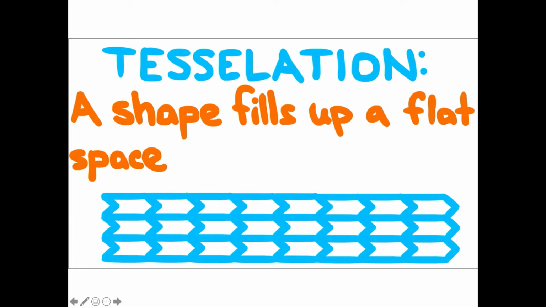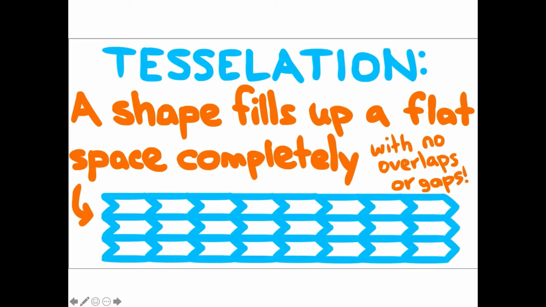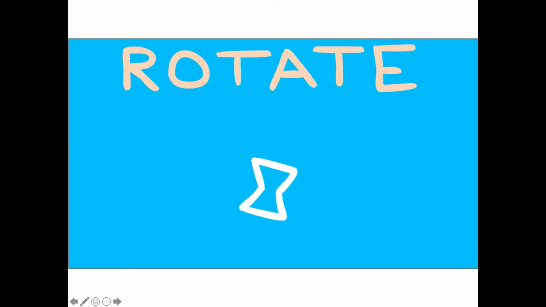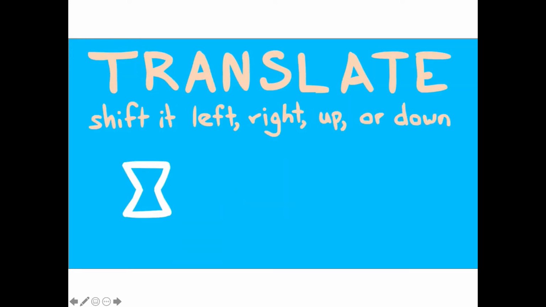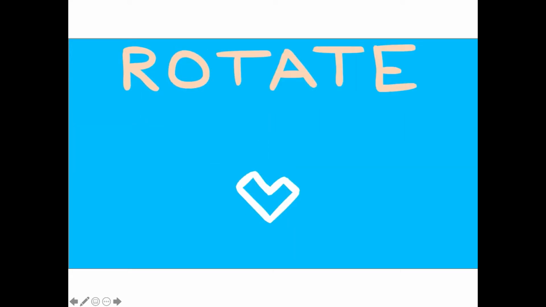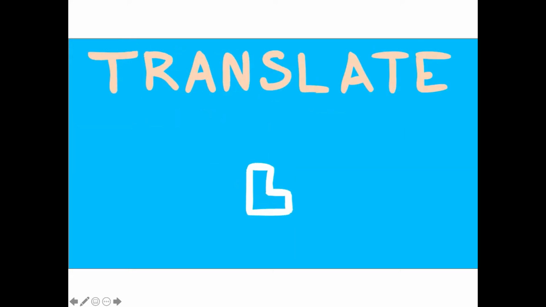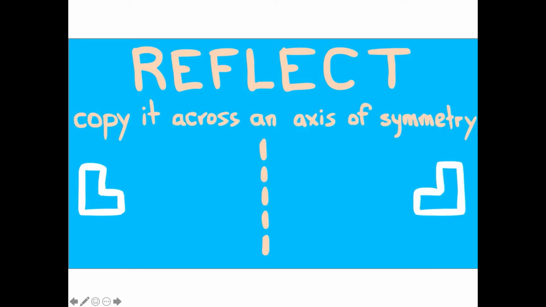Fills up a flat space completely with no overlaps or gaps. Rotates, turn it round, translate, shift it left, right, up or down, reflect, copy it across an axis of symmetry. Rotate, turn it round, translate, shift it left, right, up or down, reflect, copy it across an axis of symmetry.